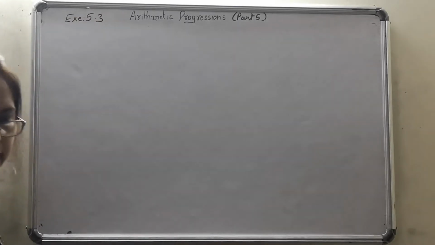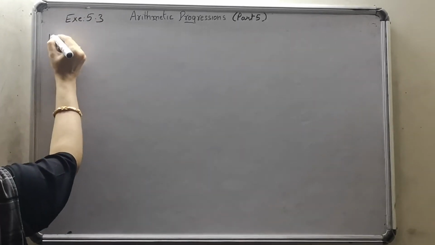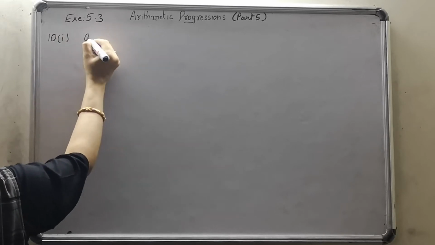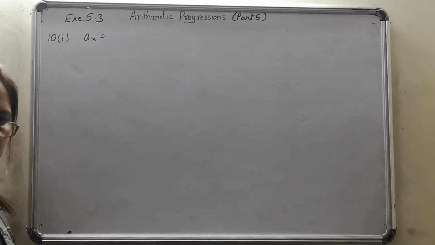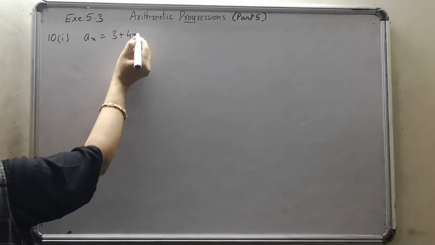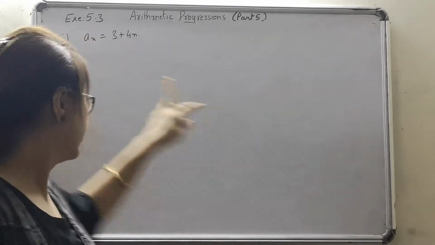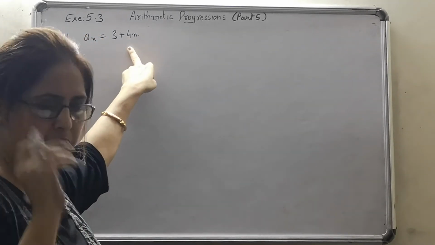I am taking up the first part. This is question number 10, part 1 I am picking up. AN is given to be 3 plus 4n. The AP is given to us: A1, A2, A3, AN and so on. And this is the value of AN given to us.